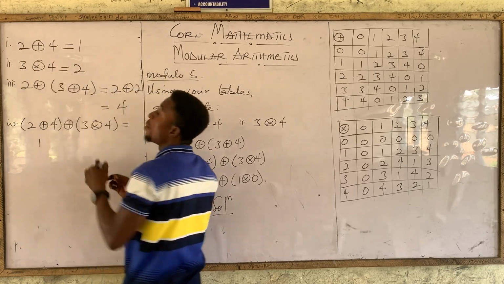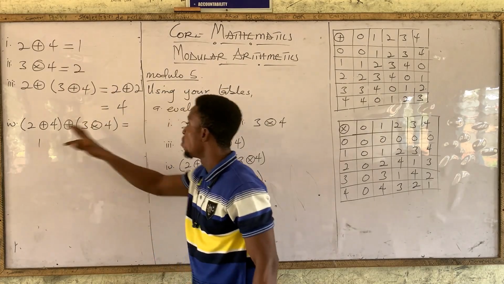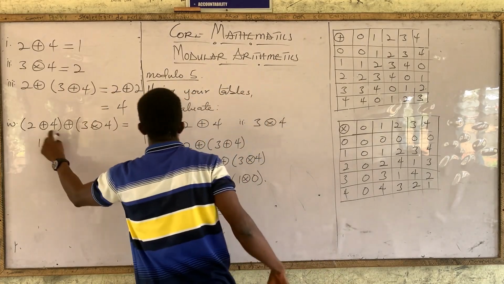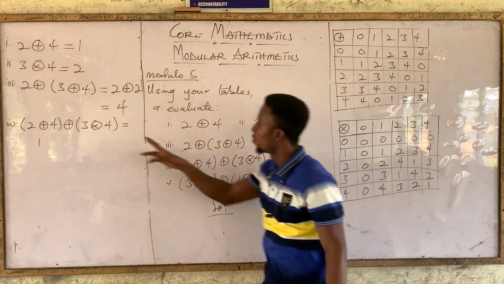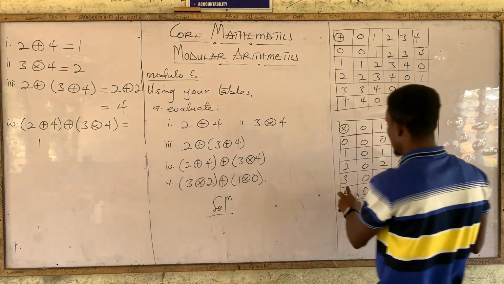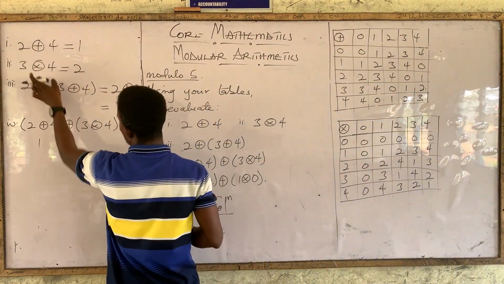Some people will say maybe, I don't remember that. So you go back to the table. So 2 plus the 4 gives 1. Then that of 3 times 4 is 2. That is what is here.